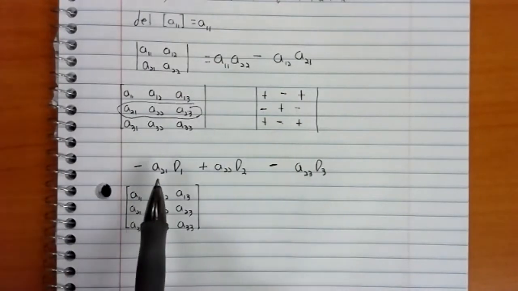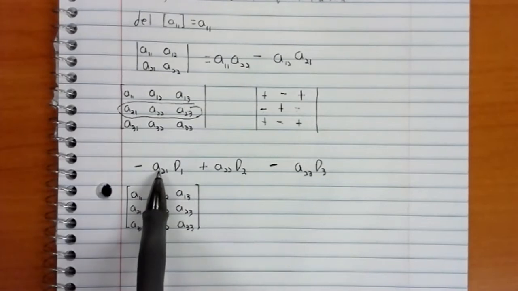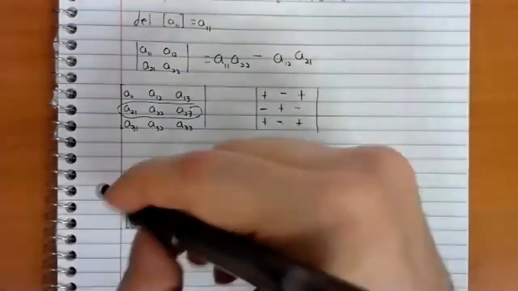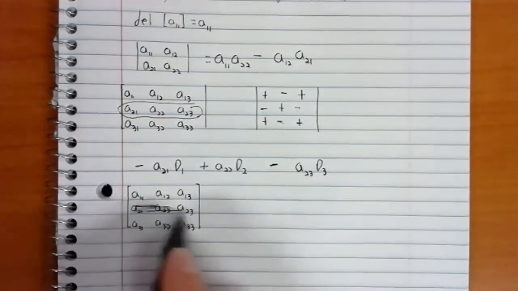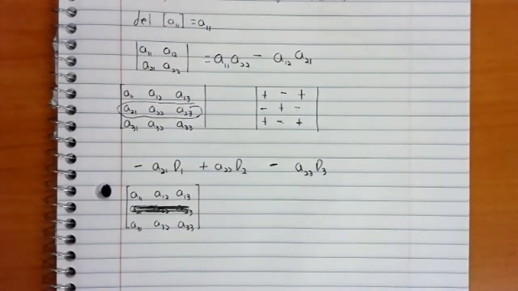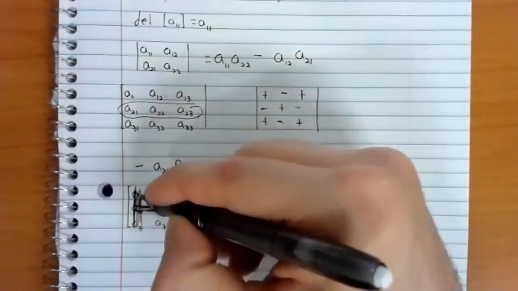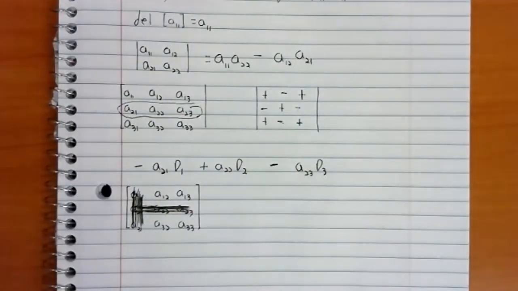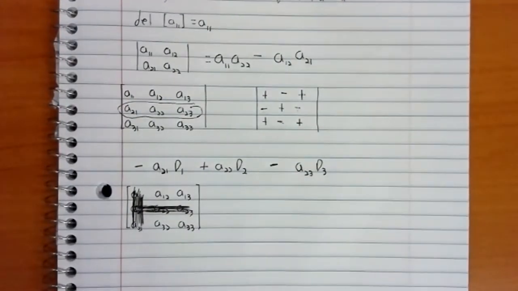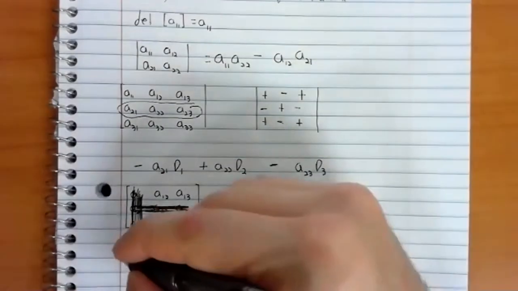In particular, to find this term corresponding to A sub 2, 1, we're going to cover up the row containing A sub 2, 1 and the column containing A sub 2, 1, and we're going to turn these 4 remaining terms into a matrix.